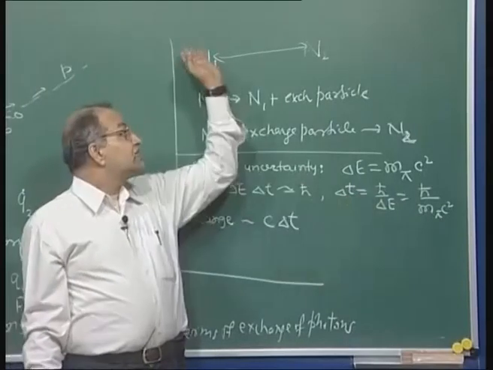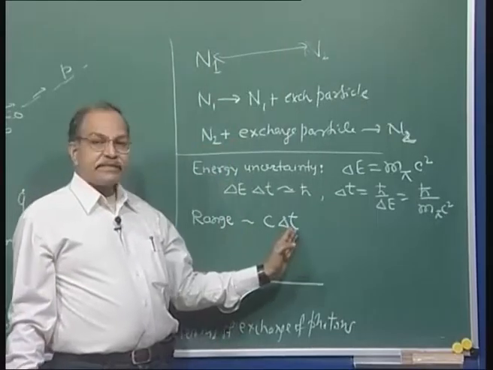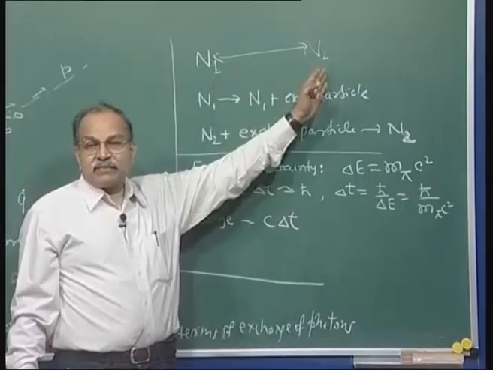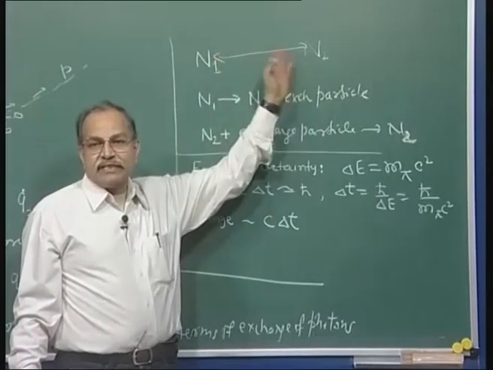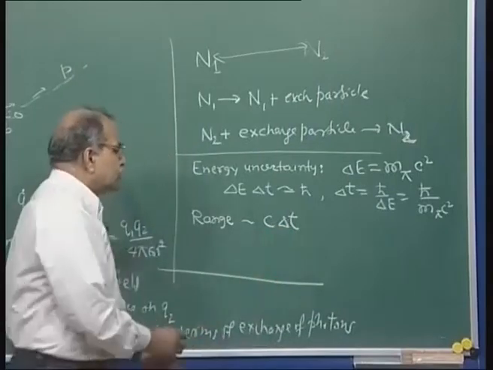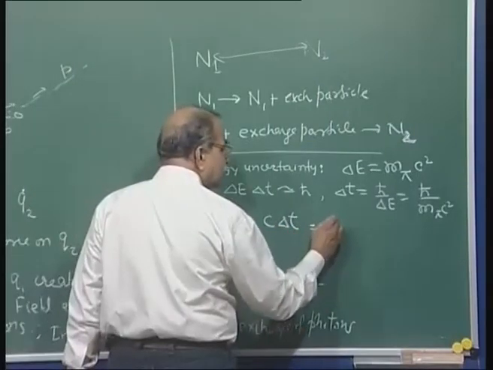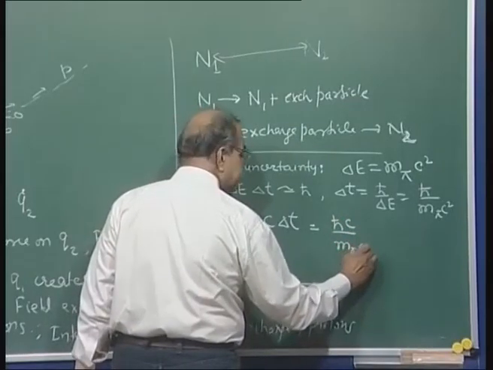And so, if this distance between these two nucleons is more than c times delta t, this exchange mechanism will not give any force, any interaction between these two. So, the range is related to the mass. So, this is equal to h cross c divided by m pi c square.